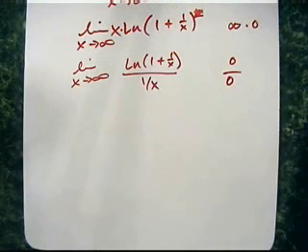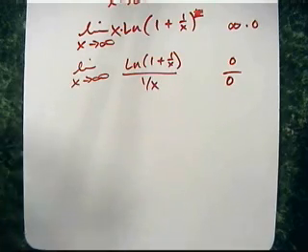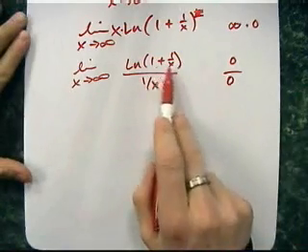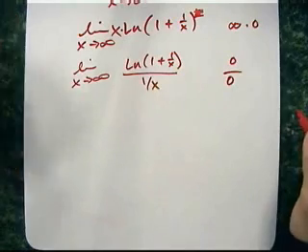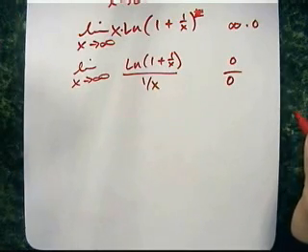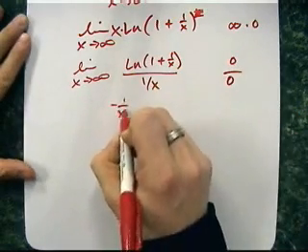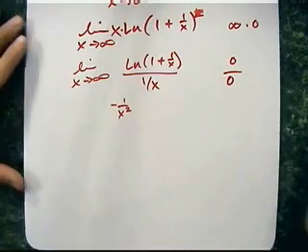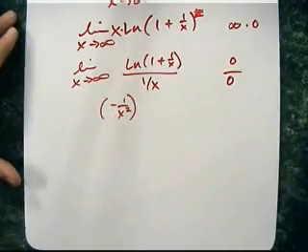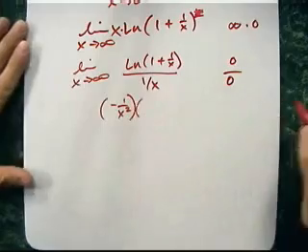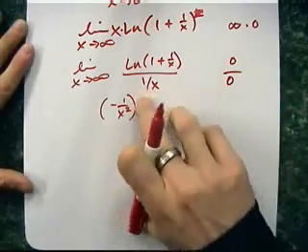Derivative of the natural log, we got to do u prime over u, right? So we got to take the derivative of the inside, which is going to be negative 1 over x squared, I think.